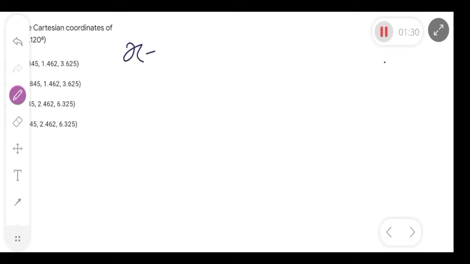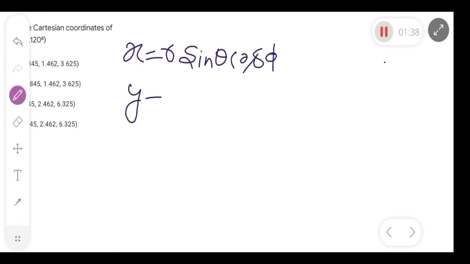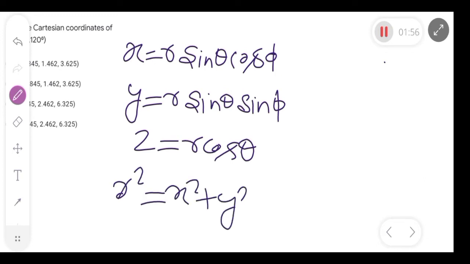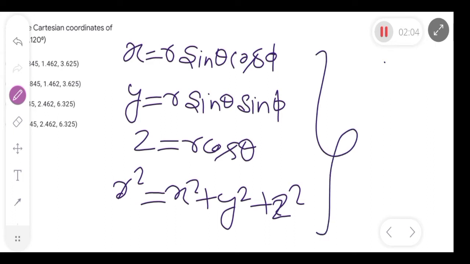The first is x equal to r sin theta cos phi, and y is equal to r sin theta sin phi, and z is equal to r cos theta, and r square is equal to x square plus y square plus z square. Now with the help of these four formulas we can solve the questions.